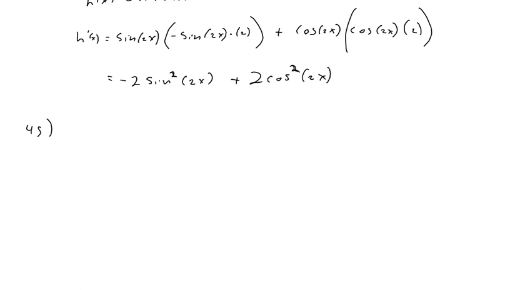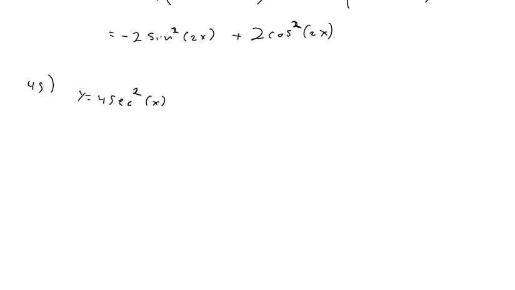All right, 45. y is 4 secant squared of x. A lot of this trigonometry stuff. So we need to do a derivative of this. What kind of rule?